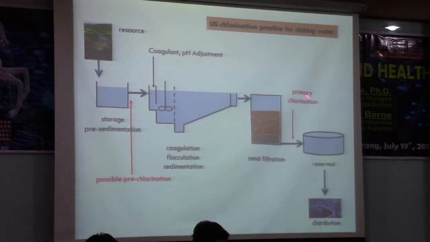Primary chlorination with a quite large dose to ensure the disinfection, and then another one at the output of the reservoir just before the supply in the network to ensure the residual in the network to control the biofilm regrowth. So you can have three steps of chlorination in a plant.